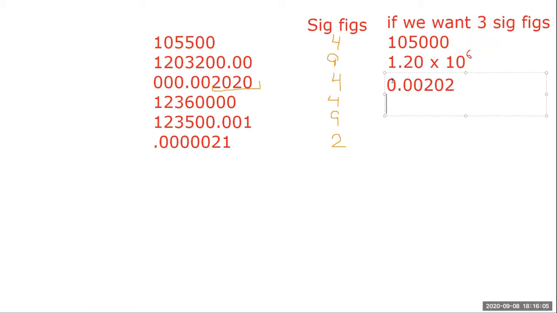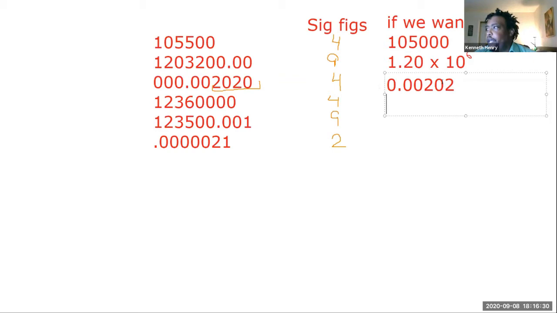I think it's going to be 2.02 times 10 to the negative 3. Yeah, so you could have written it the other way too. This is fine.